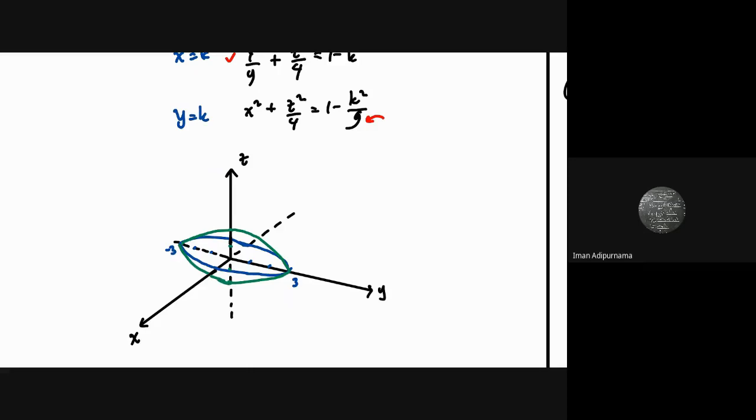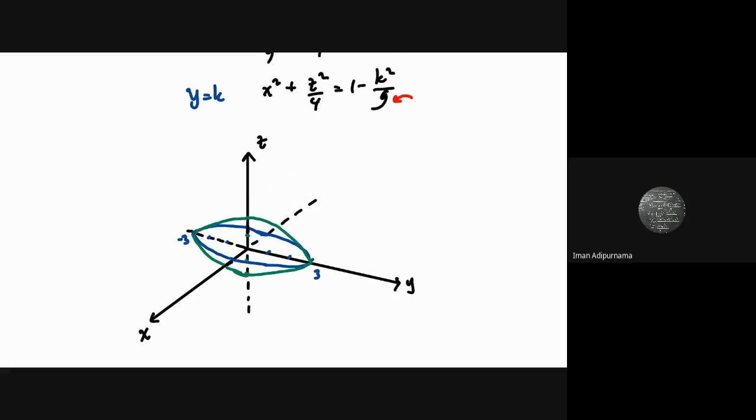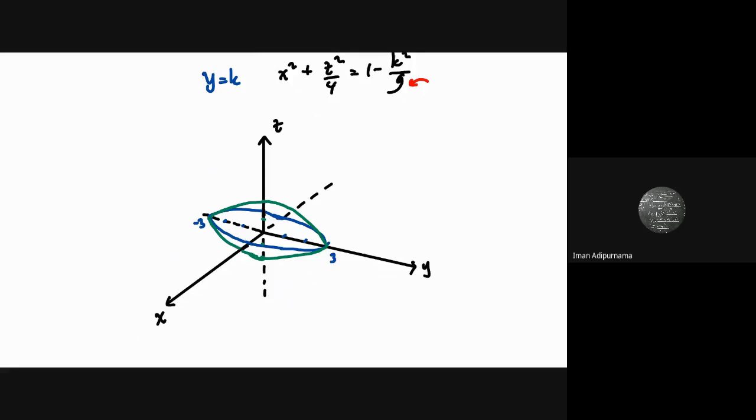I hope you can see the ellipse in the YZ plane. Now the other one is XZ. X is 1 and Z is 2. So it's going to look like this.